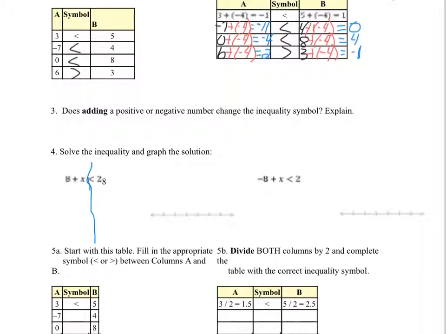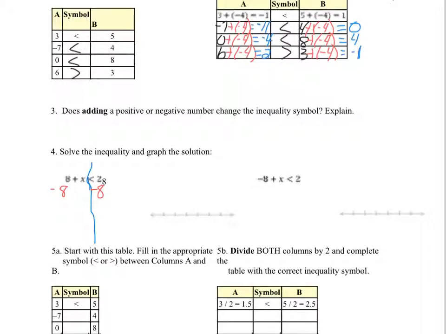Okay, so we want to get the 8 and the 2 together because those are like terms, but they're on opposite sides of the river, so we have to do opposite operations, right? So I have to subtract 8 and subtract 8.